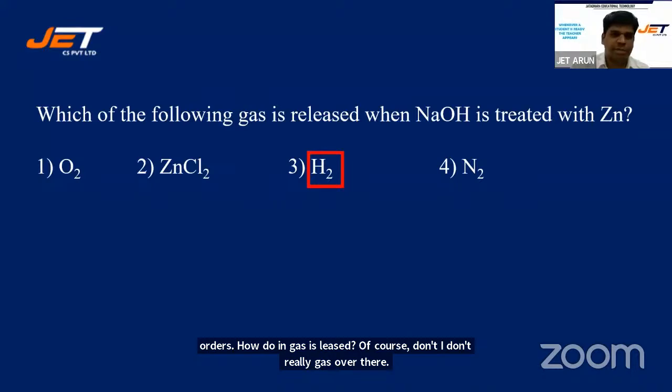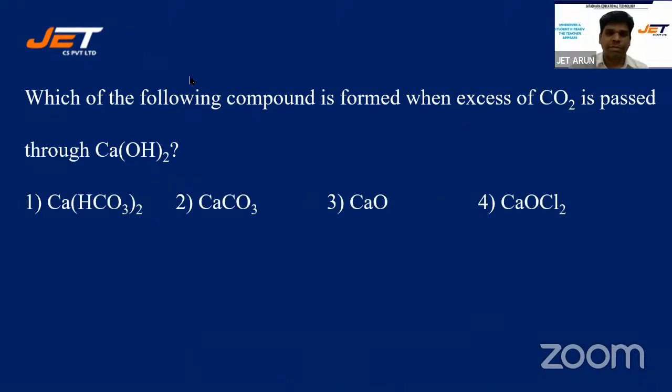All right, let's look at the next one. Excess CO2 is passed through Ca(OH)2, students. So what happens when excess CO2 is passed? First, a precipitate forms, but when you pass excess CO2, what happens?